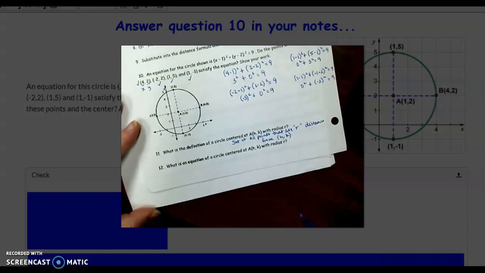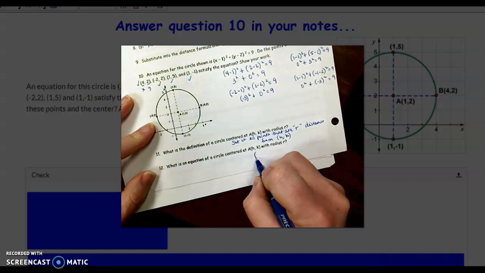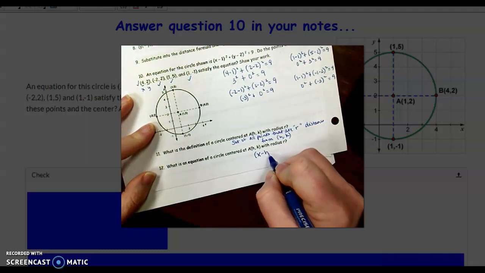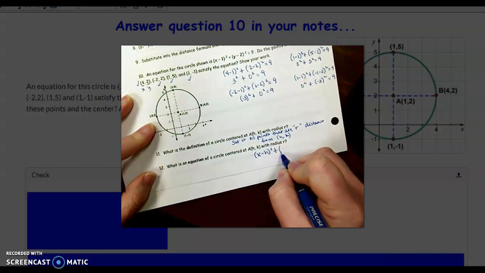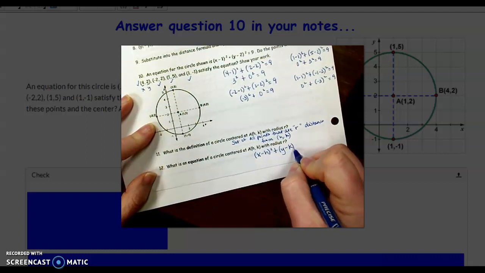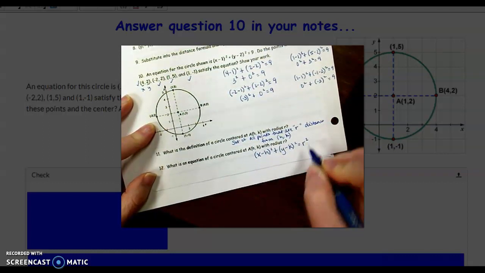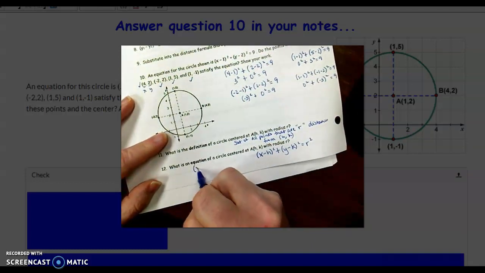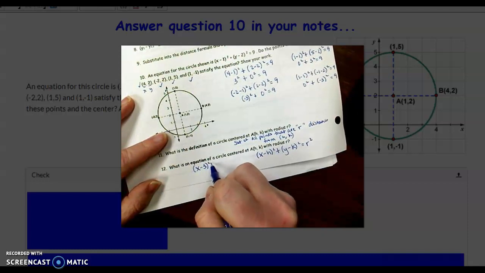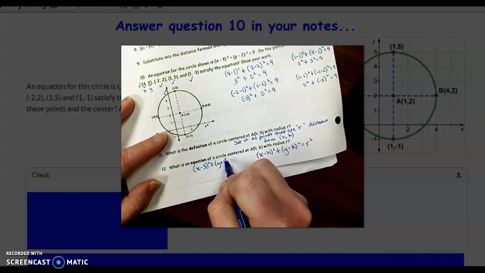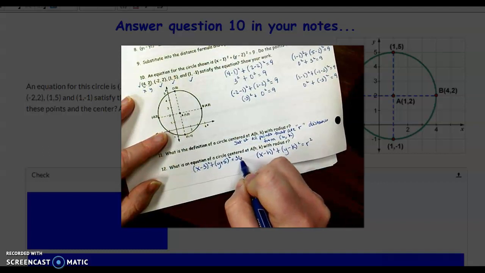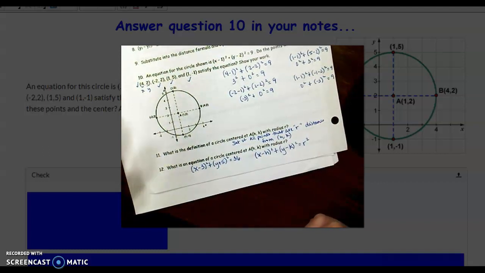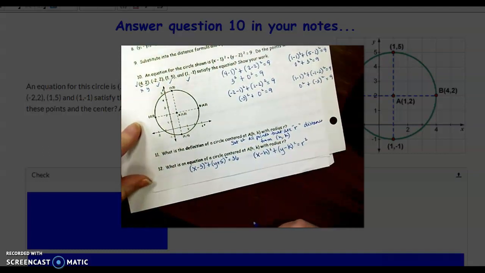The general form for the equation of a circle that you need to have memorized is x minus h squared plus y minus k squared equals r squared. So this is always the radius squared. So if you are given an equation, x minus 3 squared plus y plus 5 squared equals 36, you should be able to tell me the center and the radius.